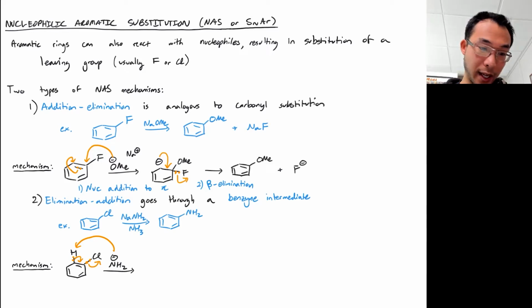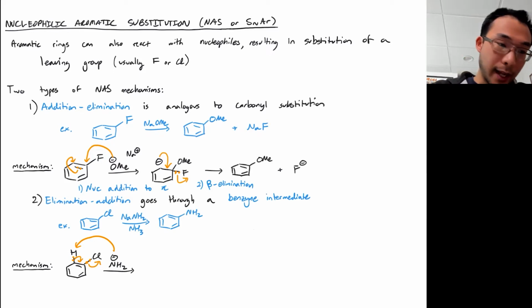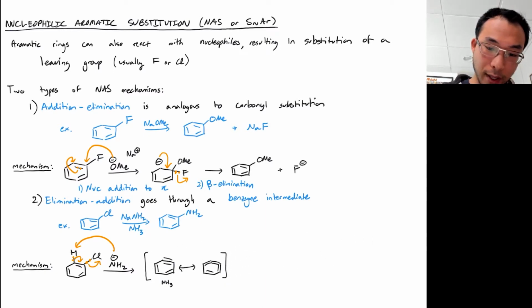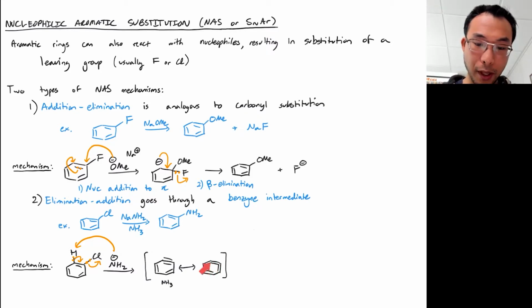In this case, we have the leaving group leaving in the first part of the reaction. That gets us to the intermediate here, which looks like that. That is called a benzyne right here. And it's important to remember that you can draw a resonance form that looks a little bit weird, but has three double bonds in a row, but at angles to each other. Those two drawings are the same molecule, of course.